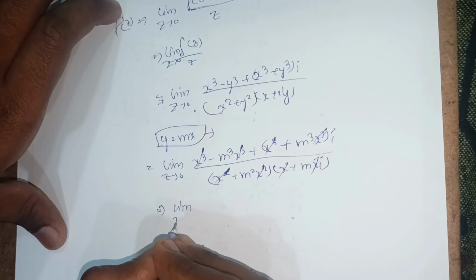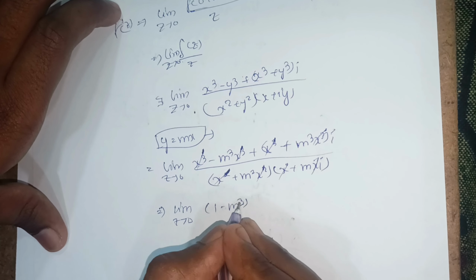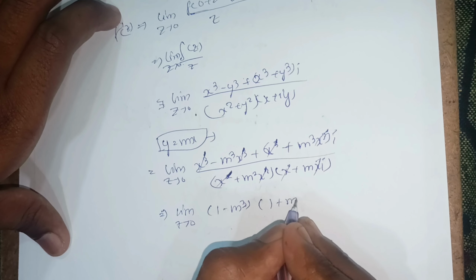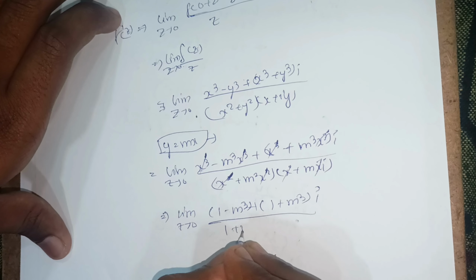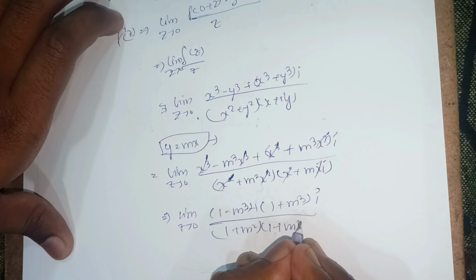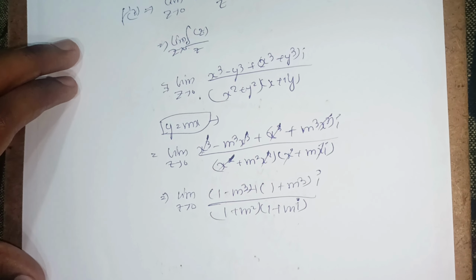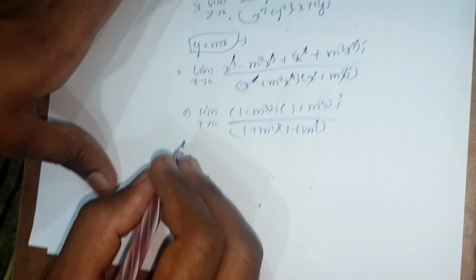So we get (1 − m³) + i(1 + m³) over (1 + m²)(1 + im). Here we will substitute m equal to 0 and 1.